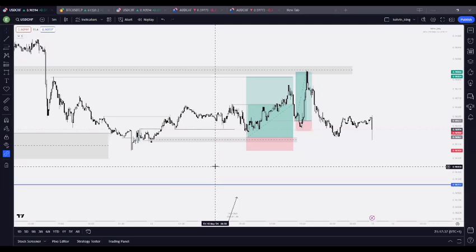On its own, if you understand the logic behind it, it's a profitable pattern, but it depends on you to make it more profitable by applying little things such as this. When the strong low created there is an Asian low, you know the market is likely going to take it out, so I'll avoid it.